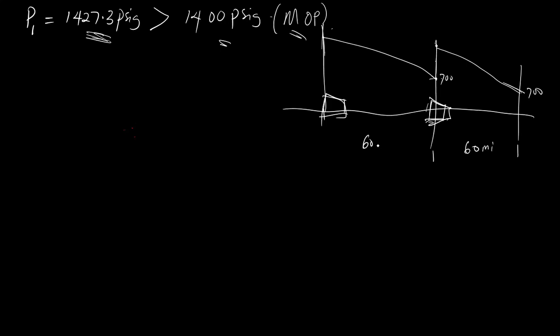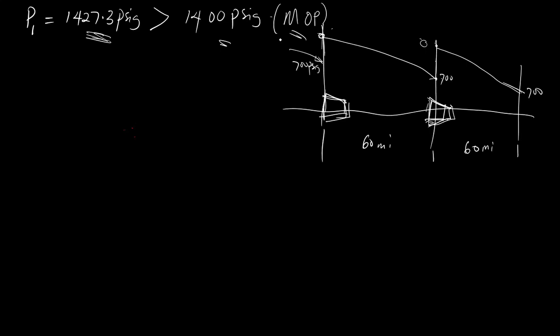Here is 60 miles. So now the other compressor is located at the middle, while this one is here, takes in gas at 700 psig and delivers it at a particular pressure, at a delivery pressure. It comes here at 700, delivers at a particular pressure.